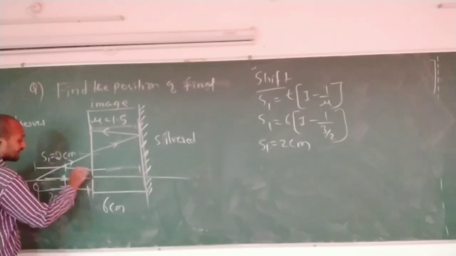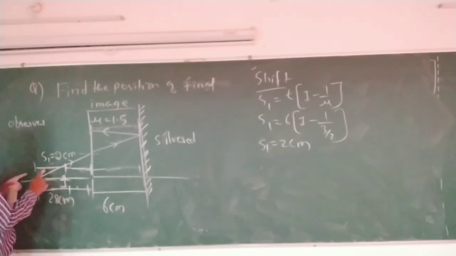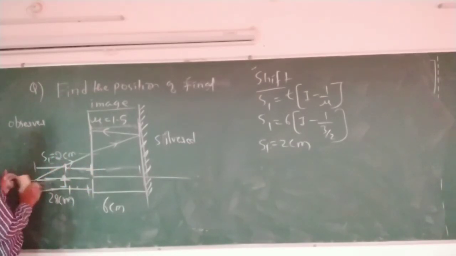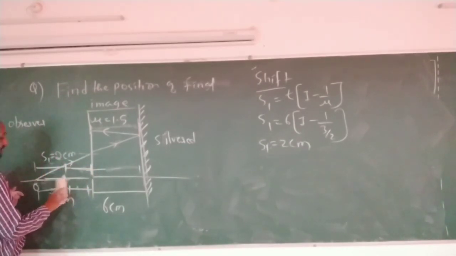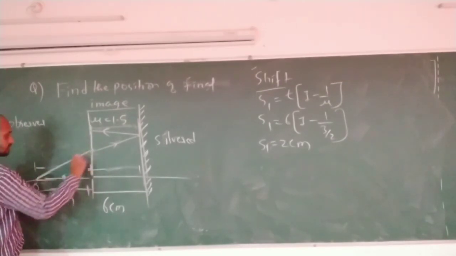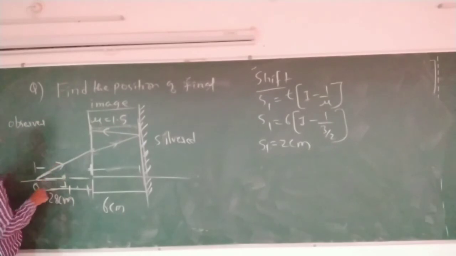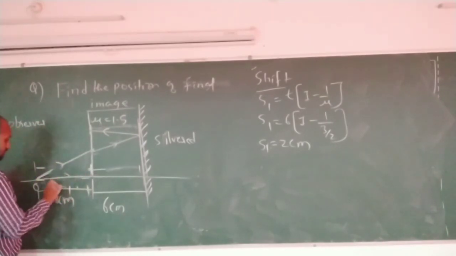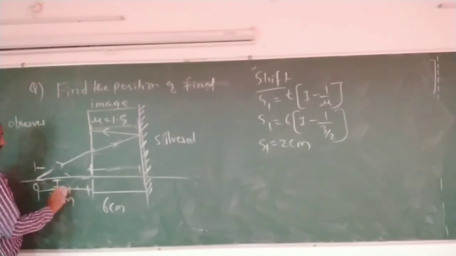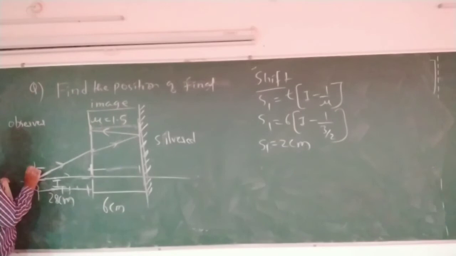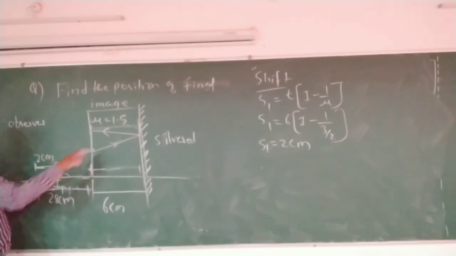Now if you ask me what is this distance? This is 28 centimeter. Let me take this shifting somewhere near here. This is I1. It is shifted. This is 2 centimeter shifting that has happened.